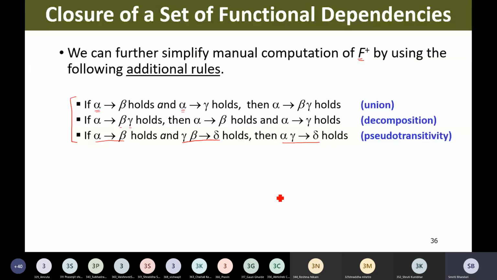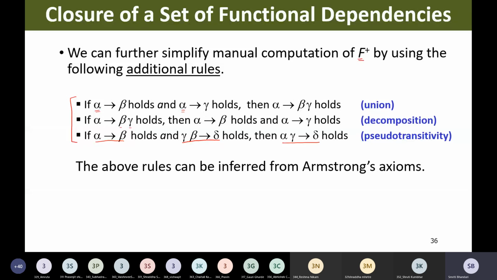But to simplify this manual computation, if we make use of these additional rules, it is possible for us to expedite our work, right? And that is why we have these additional rules, right? And as I stated, these rules can be inferred from Armstrong's axioms. I hope you must have understood all these rules, 3 basic Armstrong's axioms and 3 additional rules. So what are the Armstrong's axioms? First is the reflexivity.